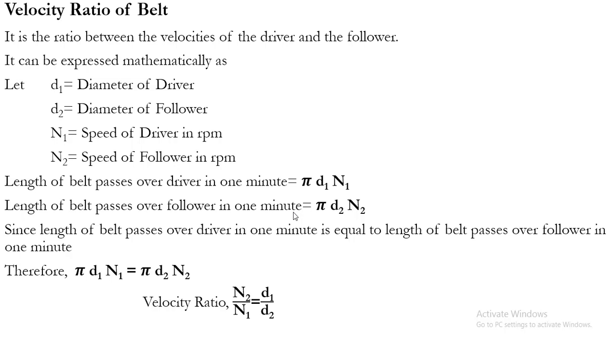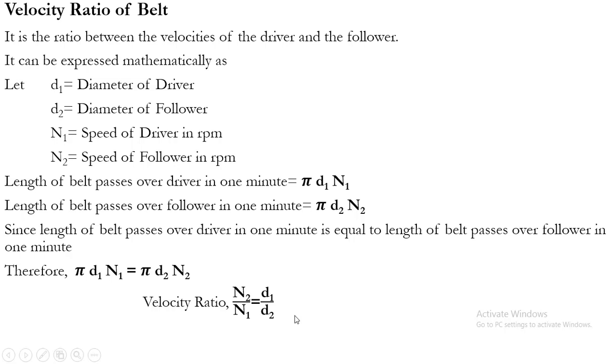This expression, velocity ratio N2 by N1 equal to D1 by D2, can be given when the belt thickness is negligible, meaning when the belt thickness is not considered.